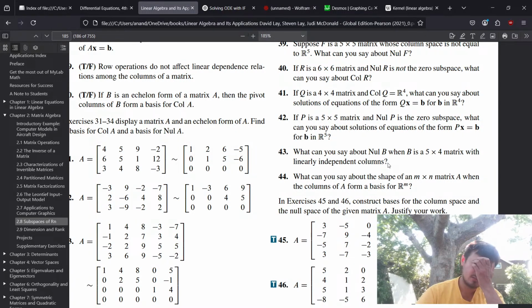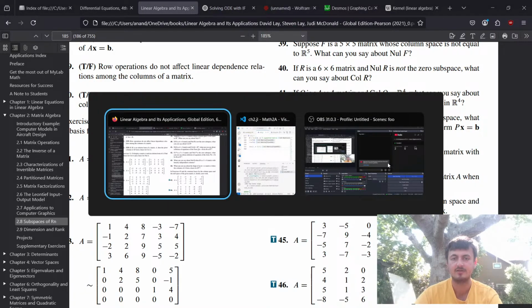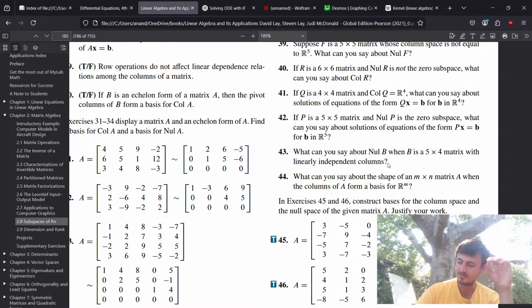What can you say? I mean, clearly they don't span R5. How could they? I would say the vectors generate a 4-dimensional subspace of R5. Unfortunately, the book hasn't defined dimension yet, but I think we all know what's going on. It's not that hard.